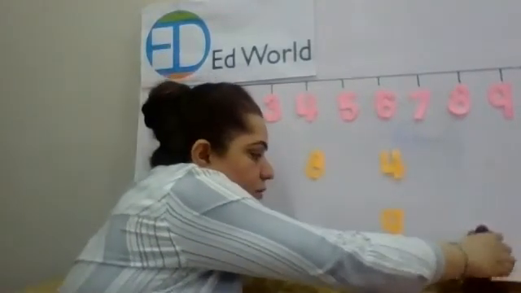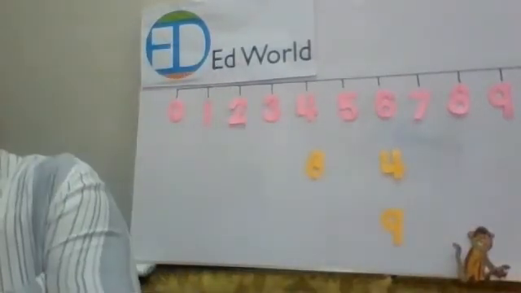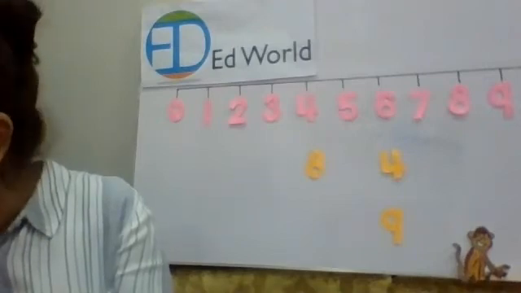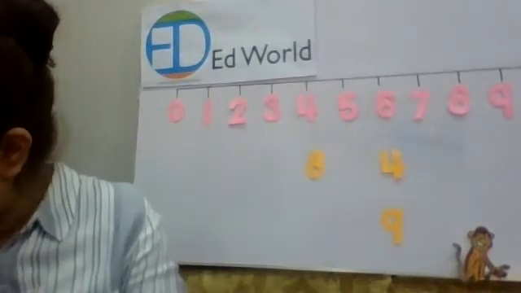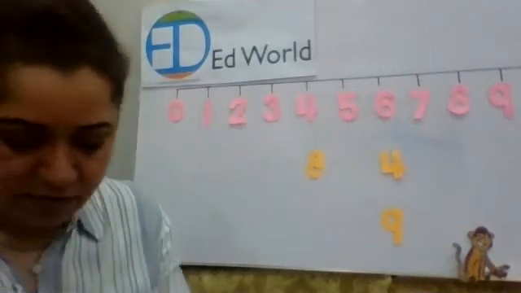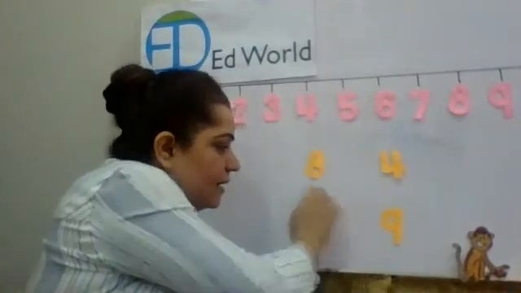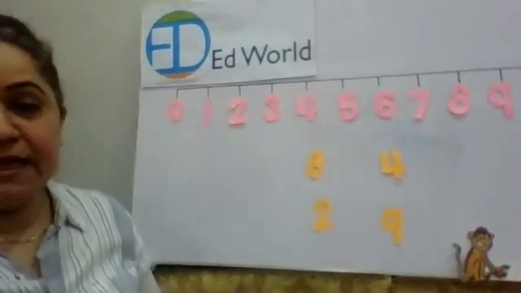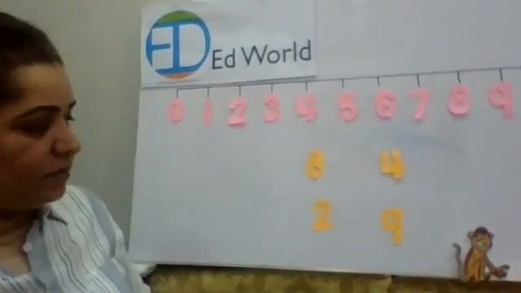Jackie, you stay here. Okay. Number 9 and number, let me find another number. Okay, I have this. We're going to put it over here. Okay, now next we have number 2 and number 9, right? We have number 2 and number 9.